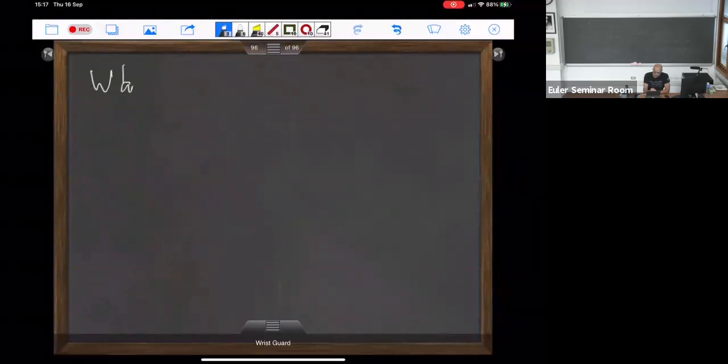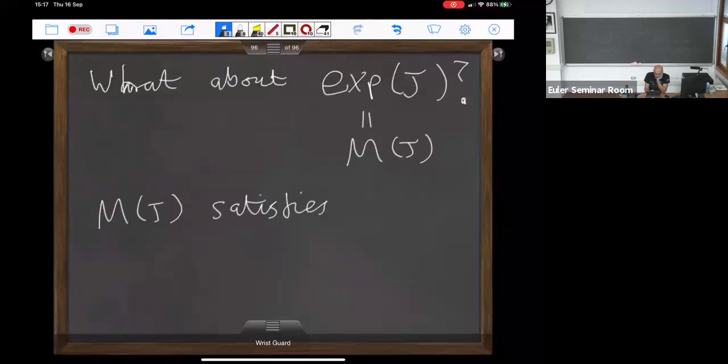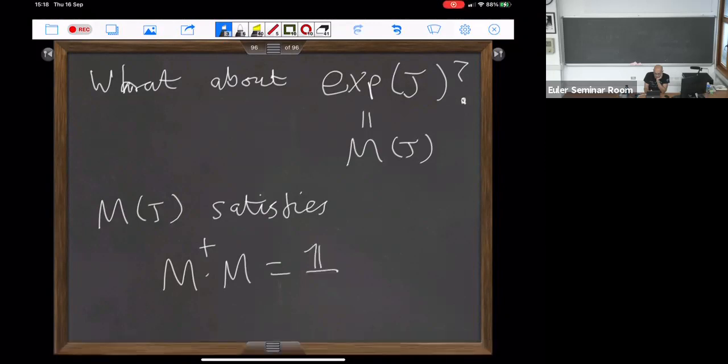So what about the exponential of J? Maybe write it as M of J. Well, M of J satisfies M dagger M is equal to the identity matrix, and that the determinant of M is equal to 1.